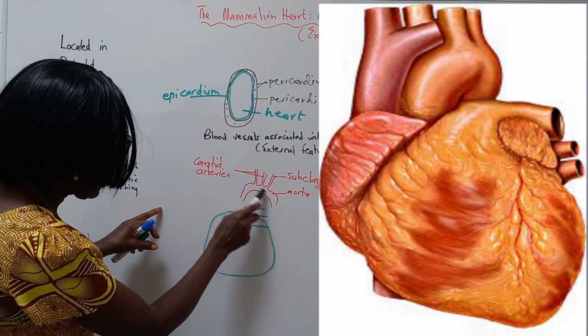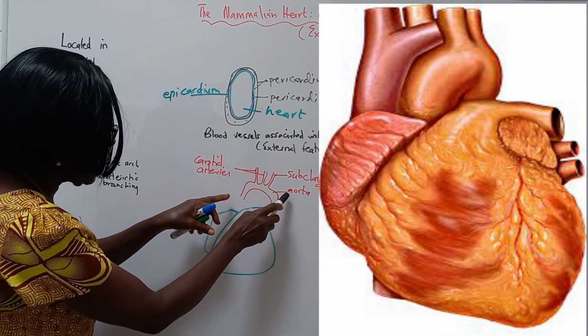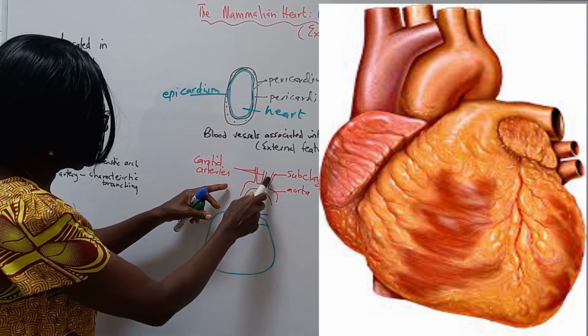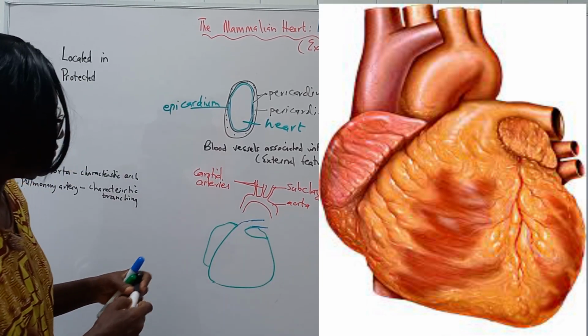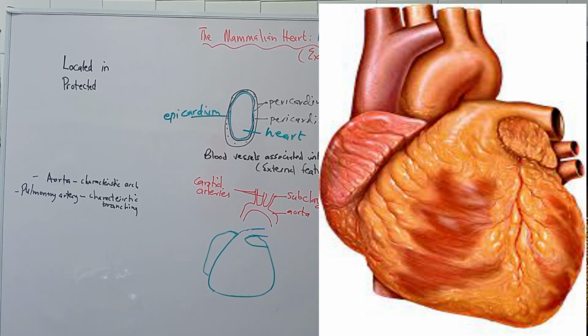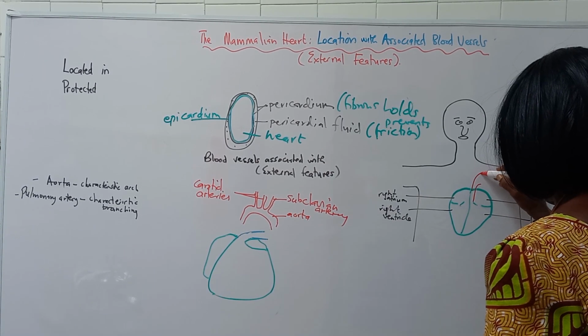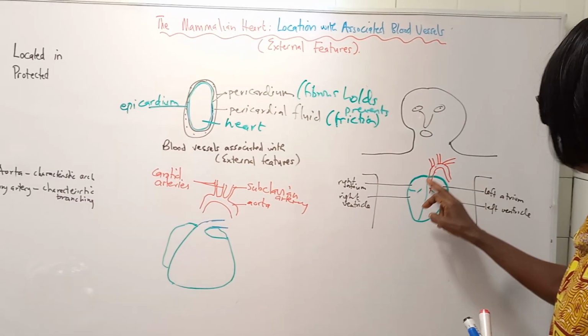So this arc with its characteristic vessels is the aorta. It contains oxygenated blood, so I have made it red. This aorta actually comes from the left ventricle. So that is the aorta.